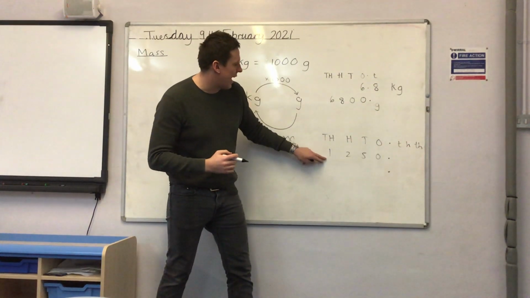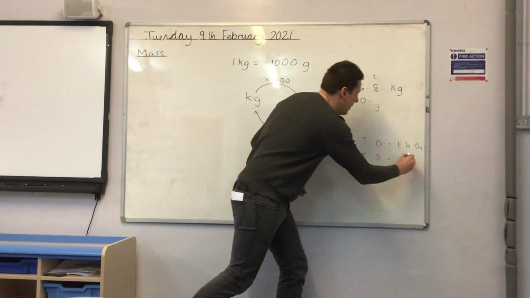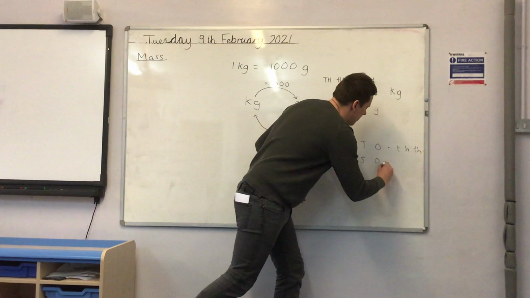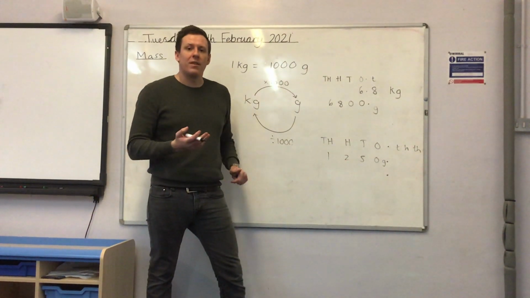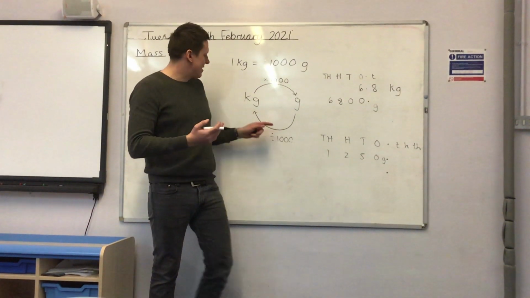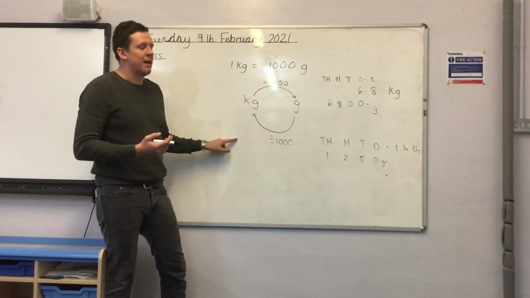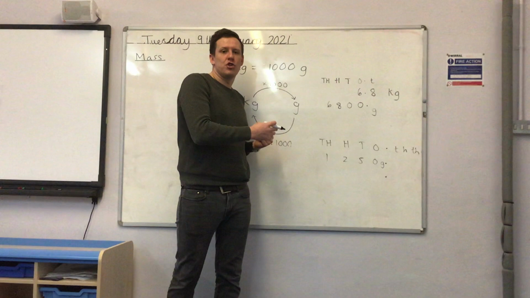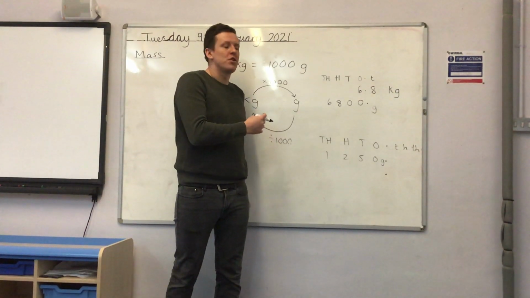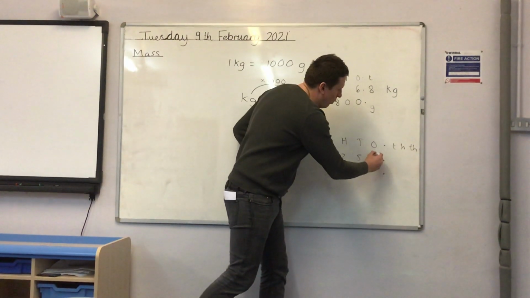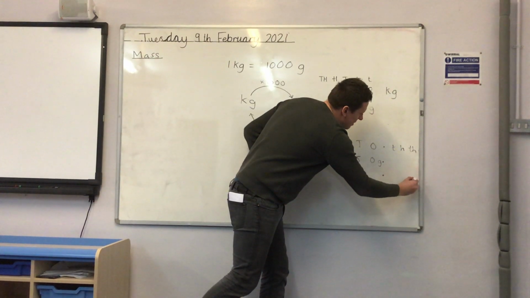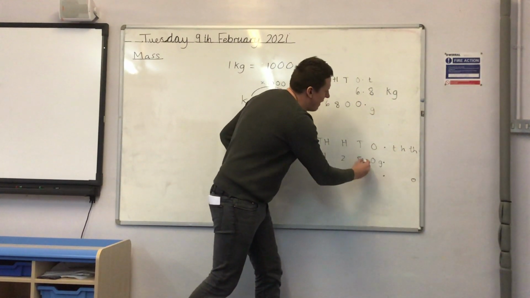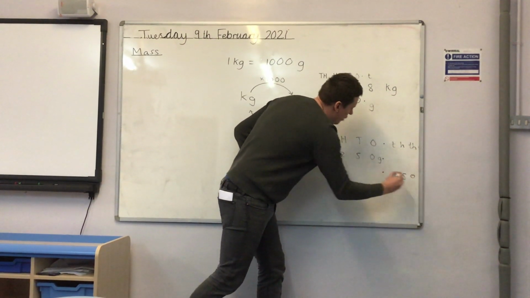And I can do it the opposite way as well, Year 5. So for example, if I have 1,250 grams, and I want to work out what this would be in kilograms, then I simply divide by 1,000. So this time, instead of jumping to the left, everything is jumping 3 places to the right. My 0 will now end up in my thousandths. My 5 will end up in my hundredths.